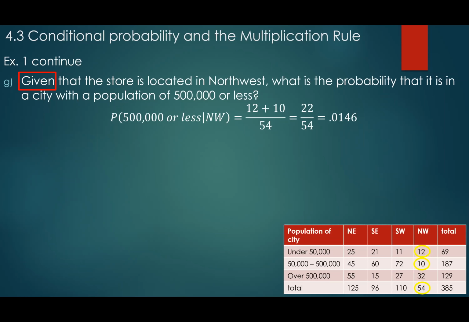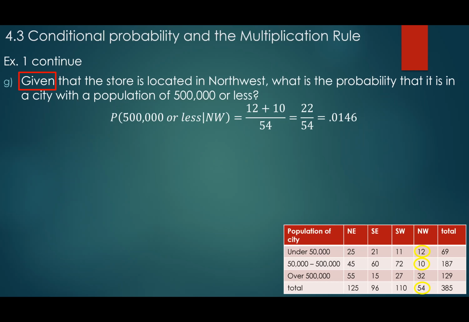Pardon me, Mr. Tran. Can you tell me how you came to the conclusion of 0.0146? When I'm computing it, I'm coming up with a different number. 22 divided by 54. Sorry, I probably added it, but I forgot. It's 0.4074. Good, that's what I came up with.